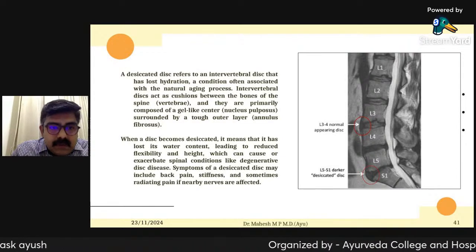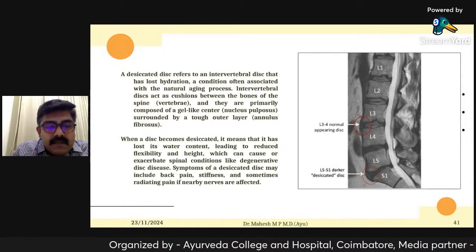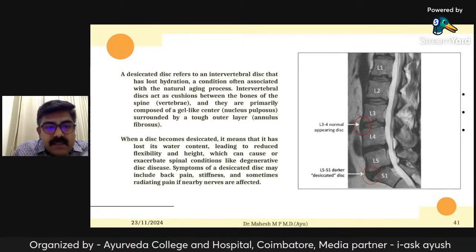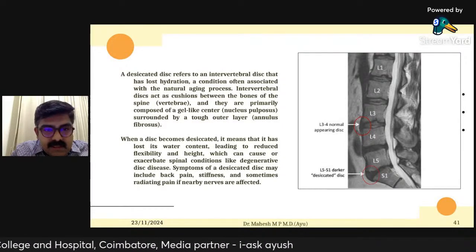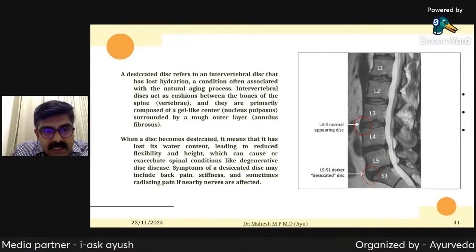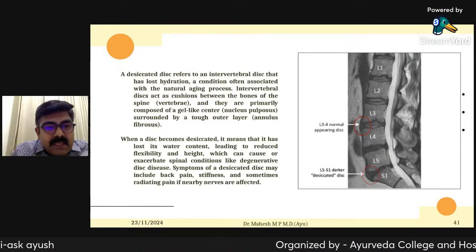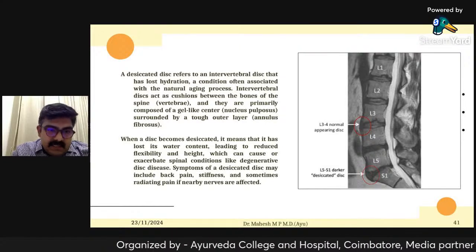When the disc becomes more desiccated, it means it has lost its water content, with dehydrative changes, leading to reduced flexibility and height, which can exacerbate spinal conditions like degenerative disc disease.